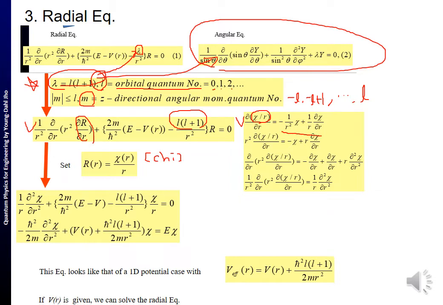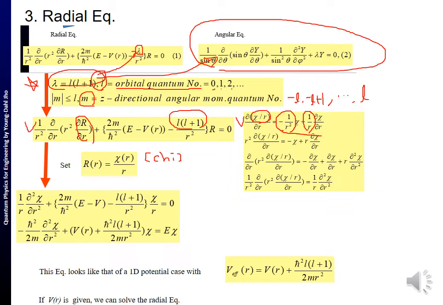So we call this the partial derivative. Firstly, take the derivative of 1 over r, then we have minus 1 over r square. And then 1 over r goes first, and then we take the derivative on chi.